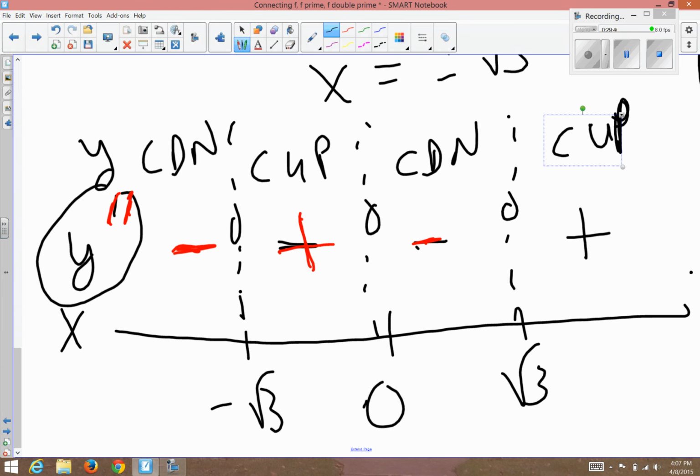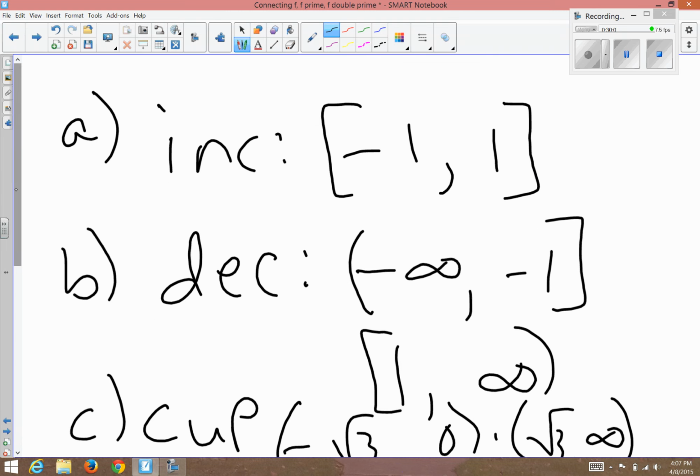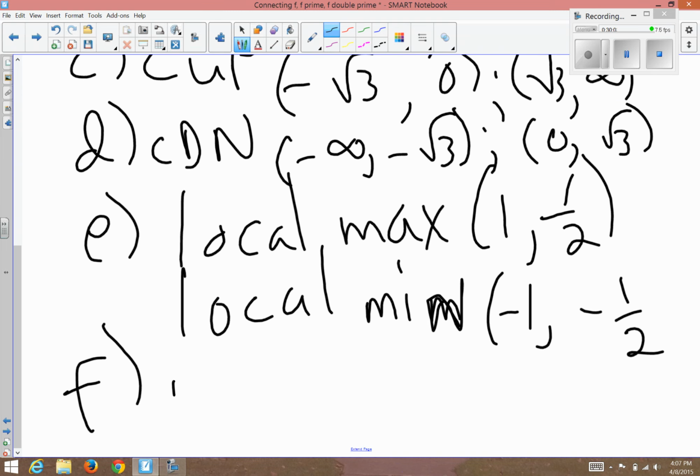So concave up from negative radical 3 to 0. Also from radical 3 to infinity. Concave down from negative infinity up to negative radical 3. Also concave down between 0 and radical 3. And then the last part of the problem was to find the inflection points.